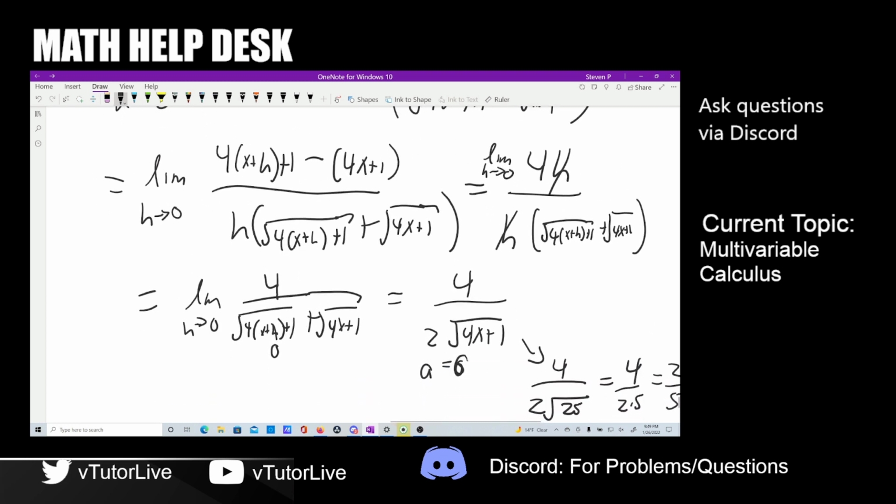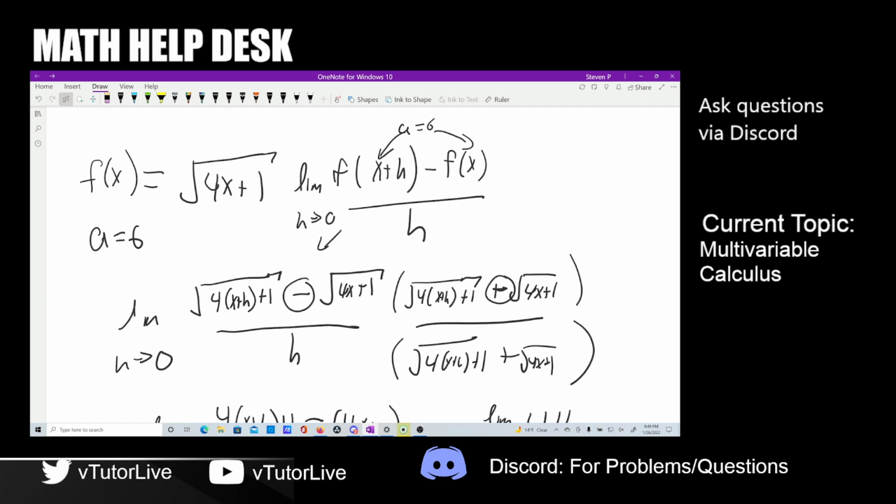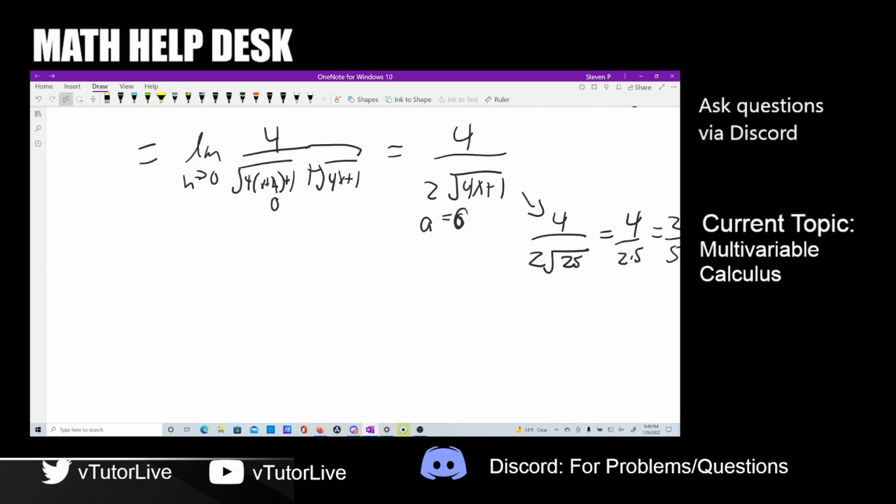As a quick sanity check, like always, what's up? Yeah, that is the answer. Oh, very good. As always, I like to do sanity checks for these because once you do know the power rules, right? f prime of x is equal to... Oh, wait, so f of x is equal to 4 over the square root of 4x plus 1.